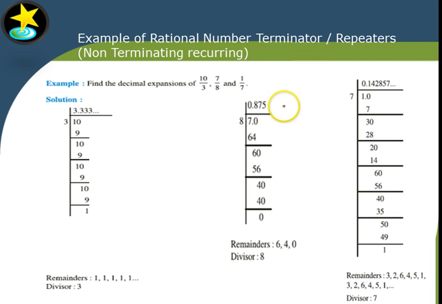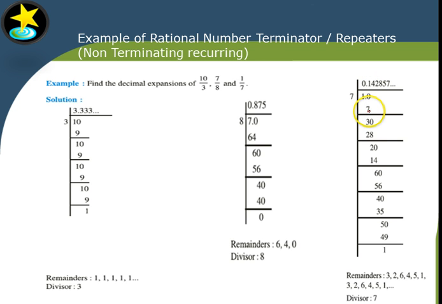Let's take one more example, which is 1 by 7, where you will see not one digit but 6 digits repeating after the decimal. If you try dividing 1 by 7, since 7 is a bigger number, we have to take a decimal and take 0 to this, and it can be multiplied by 1 to give you 7.